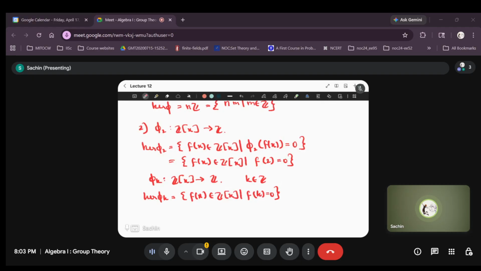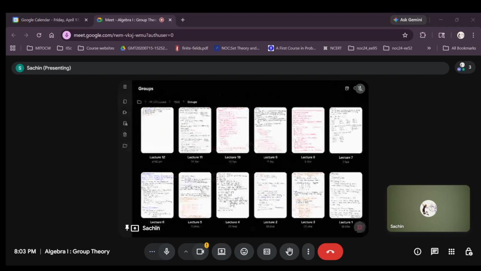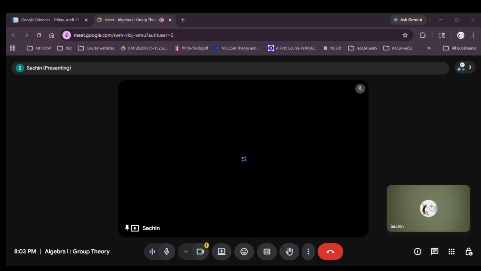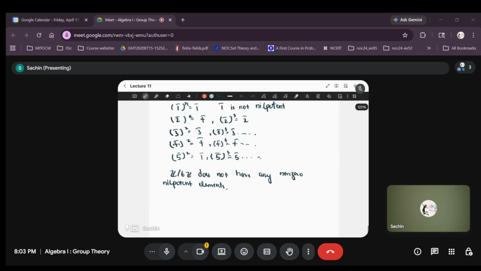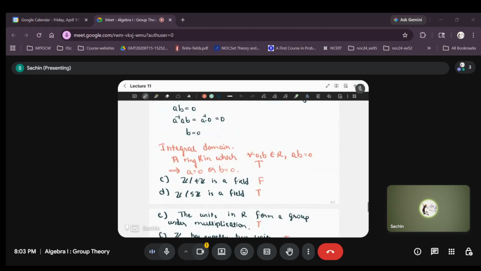The remainder you get when you divide f of x by x minus alpha is f of alpha, right? Do you remember which result that was? We didn't do it yesterday.